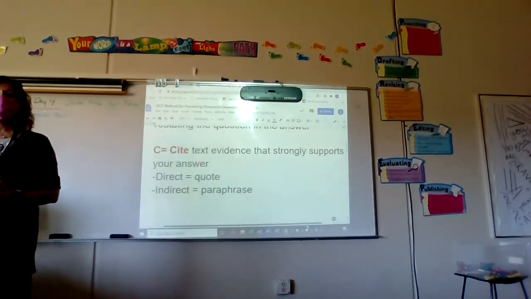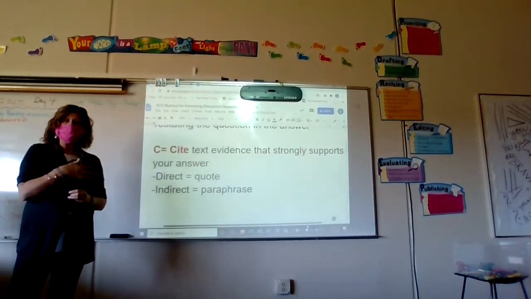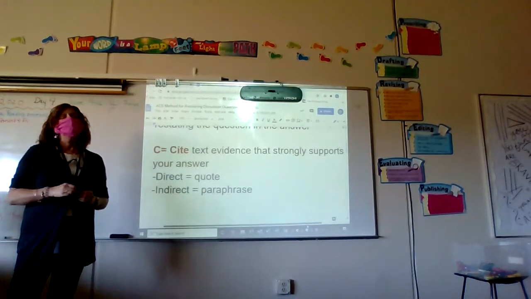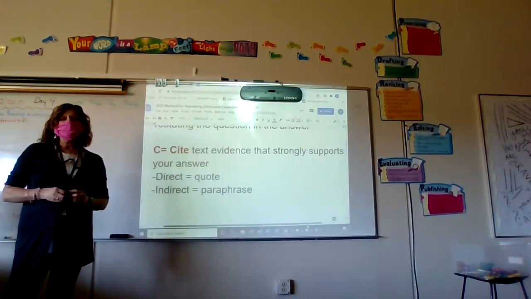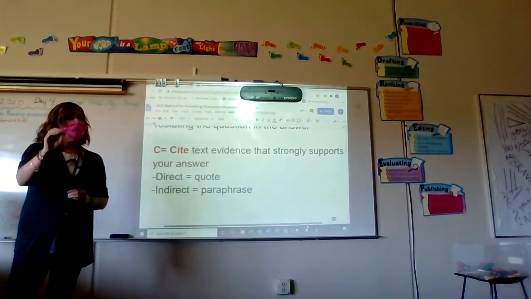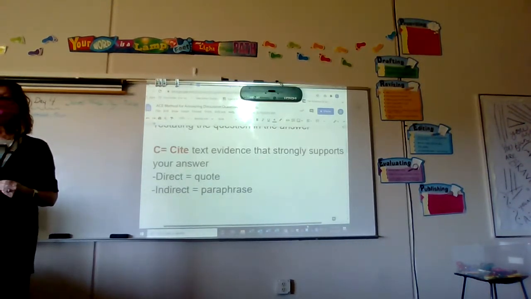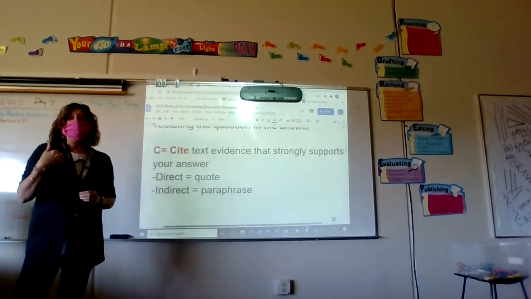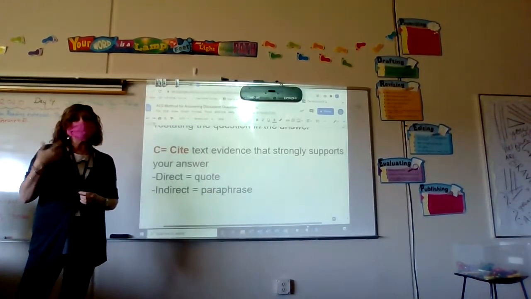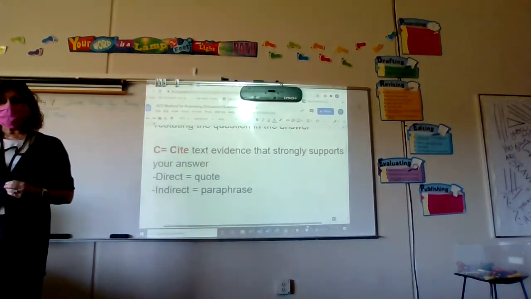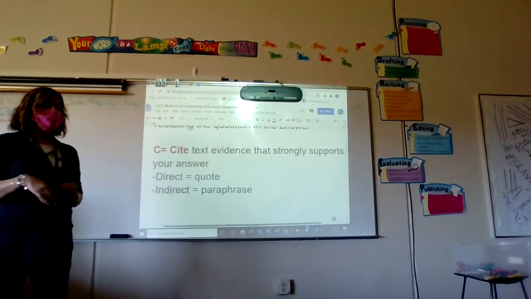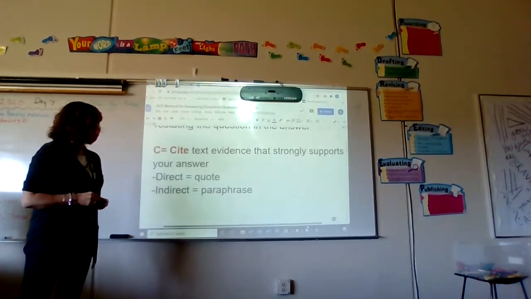For this case, we would look at our story, The Monkey's Paw, and we're going to cite evidence. We're going to write down or give the evidence that helps prove that Sergeant Major Morris didn't want Mr. White to get hurt. And that's why he didn't want to give him the monkey's paw.